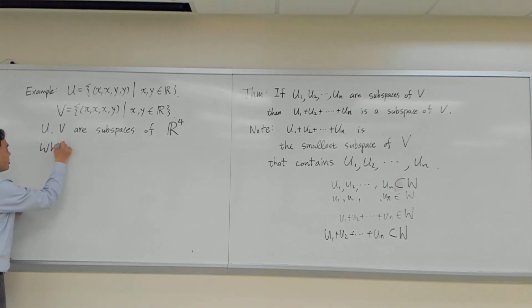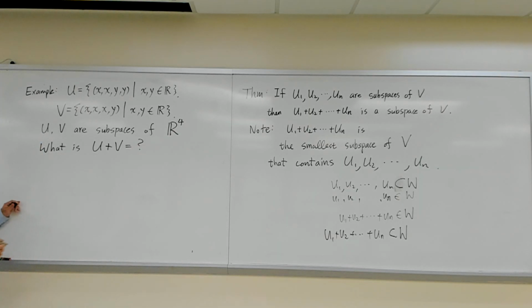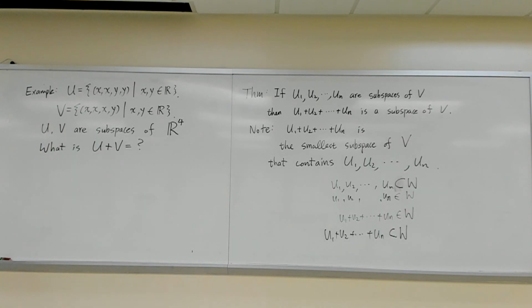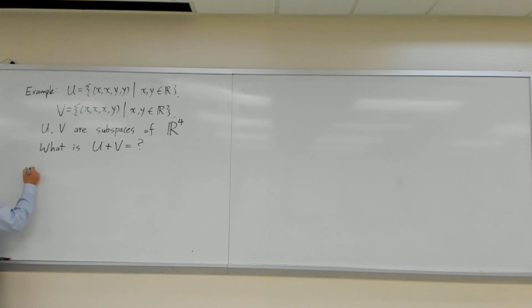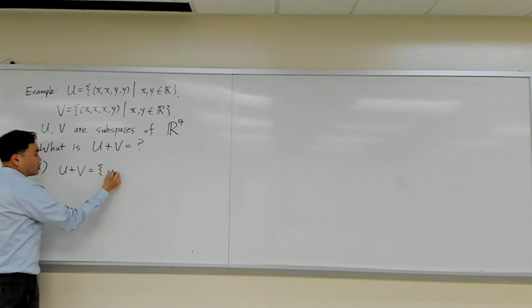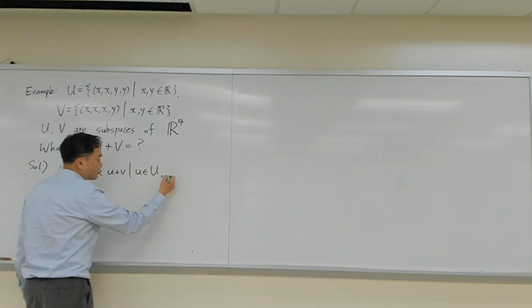What is U plus V? Can you describe this as a set? So what is U plus V again? U plus V is a collection of sums of two vectors, each from the subspaces.